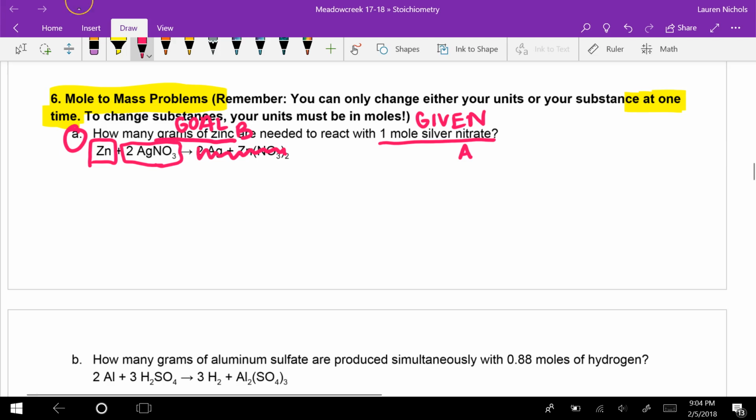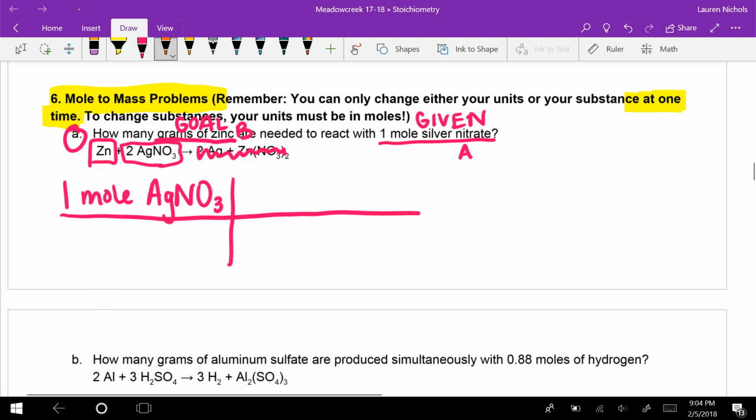So when I start off my T-chart, I have 1 mole of silver nitrate, or AgNO3. And we know that in all dimensional analysis problems, the units that you're starting at go here, and your next stop, or where you're changing to, goes on top.